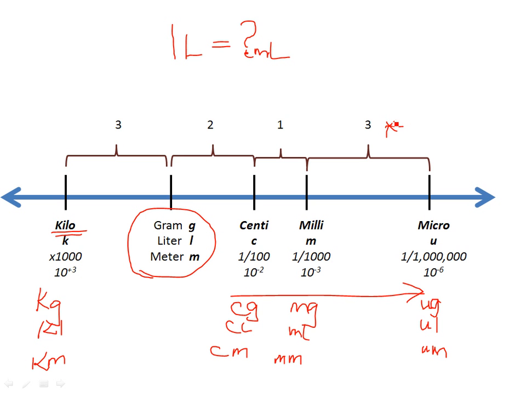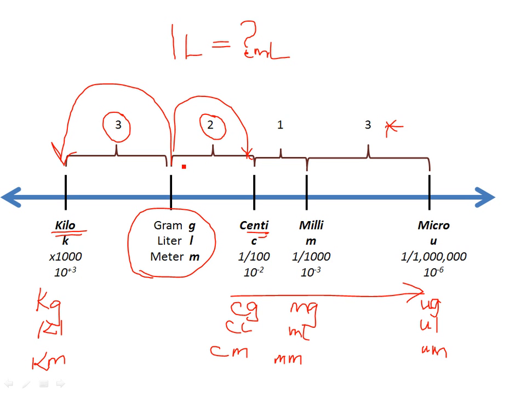So here's what I want you to think about for now. If I take a gram and I multiply by 1,000, there are 3 zeros there. That's 3 decimal spaces. If I take a gram and I chop it into 100 units, there are 2 zeros there. That represents 2 decimal spaces.